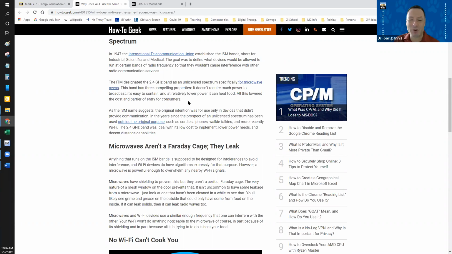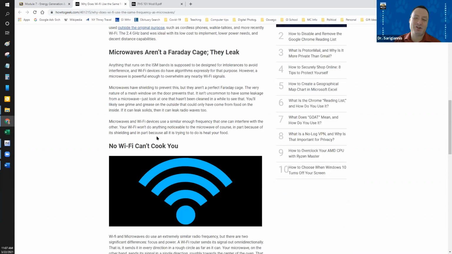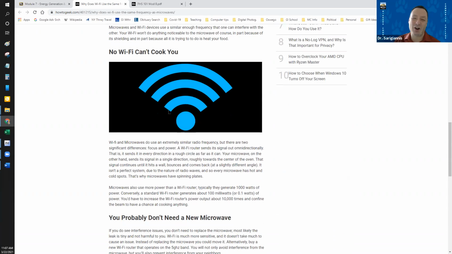One of the big ones is the microwave oven and the Wi-Fi, because a microwave oven is not perfect. It does leak microwaves, and it's not dangerous because the amount it's leaking is not a huge amount of power. So this addresses that Wi-Fi cannot cook you.